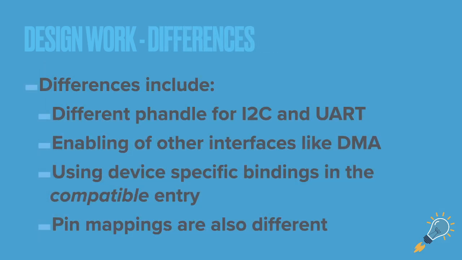The differences include, because we're working with different processors, not all of them are going to have I2C 0. Some of them have USART 0, things like that. Some of them have DMA, where some of them don't, at least explicitly called out. The Nordic chips have the easy DMA, quote unquote.